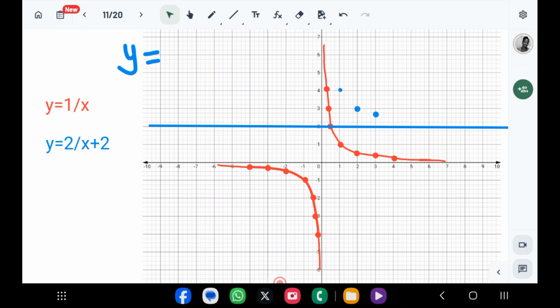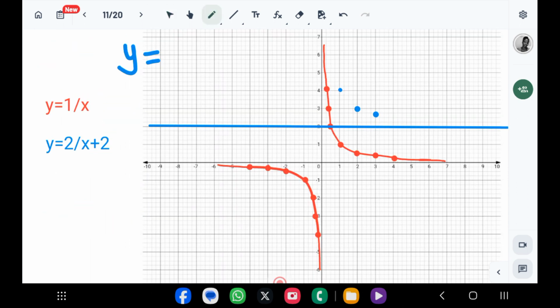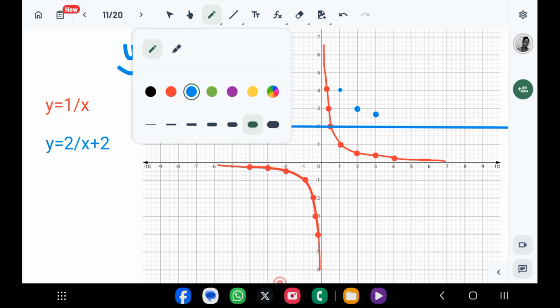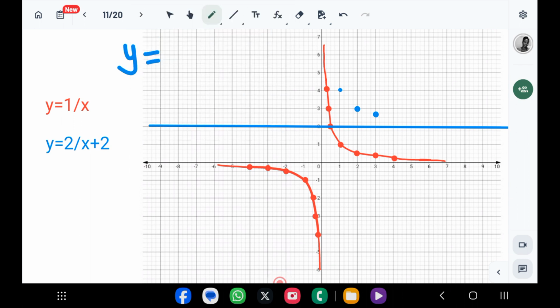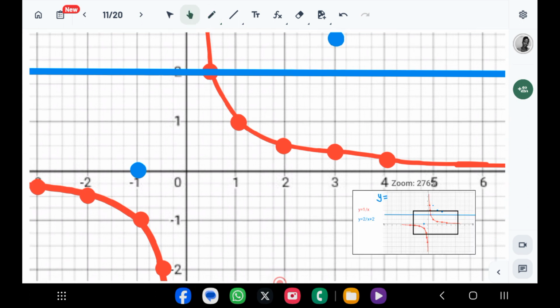The vertical asymptote, the horizontal asymptote. Now, the x-intercept is equal to -1. Let's plot the x-intercept, -1. We don't have any y-intercept, so we don't have to worry about that.